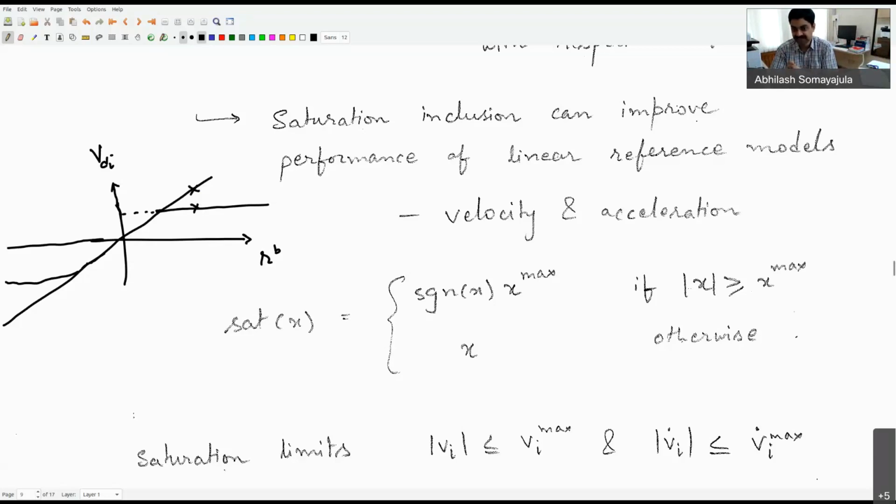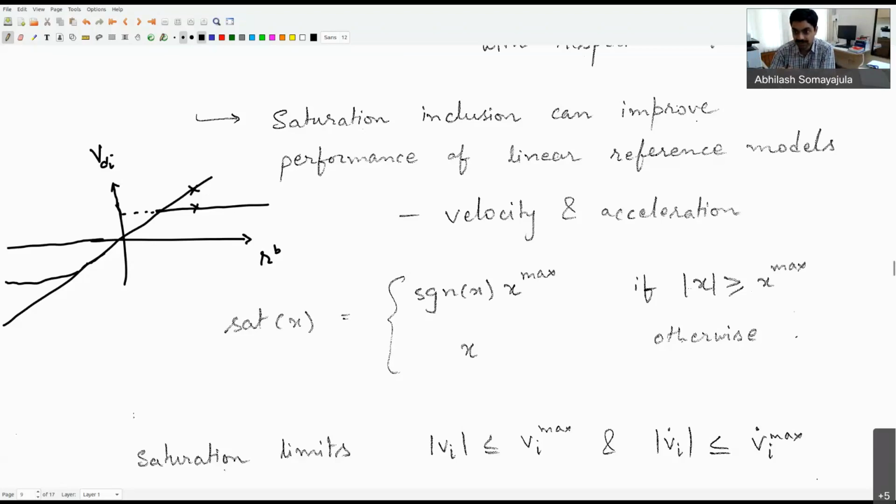In that sense, the system is no longer linear because as my reference now keeps increasing, my velocity doesn't keep increasing linearly. It only linearly increases up till it reaches that maximum velocity. Any more than that, I still start giving more reference, it still stabilizes at the same velocity.